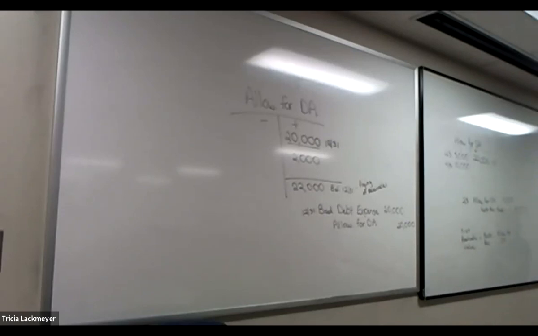On the balance sheet, you would show accounts receivable less allowance for doubtful accounts. So that would equal how much accounts receivable we really think we're going to receive. Which again is another reason we do this estimate, because that follows the matching principle. Okay. Hopefully that brings it full circle.